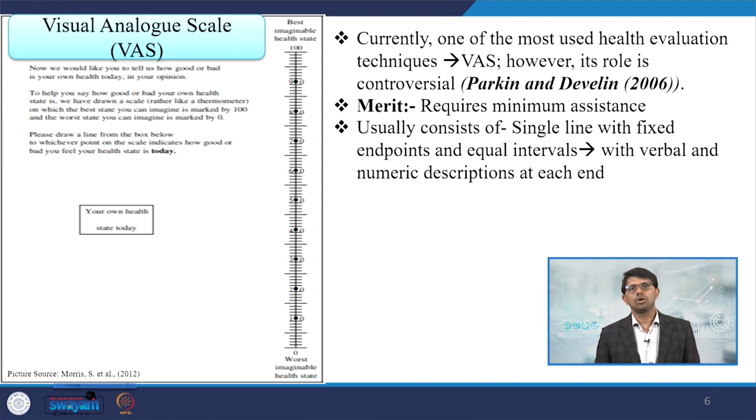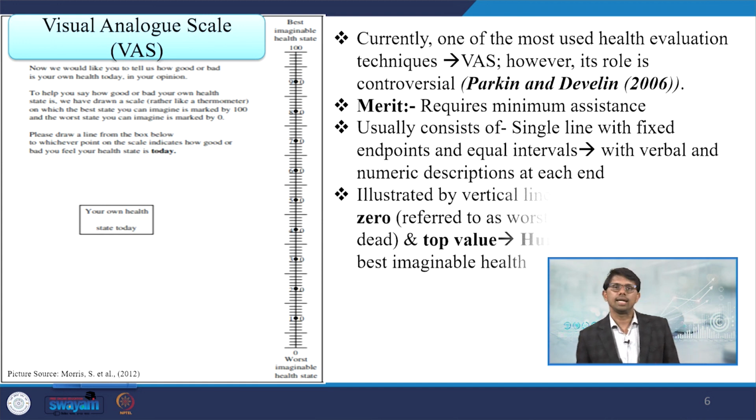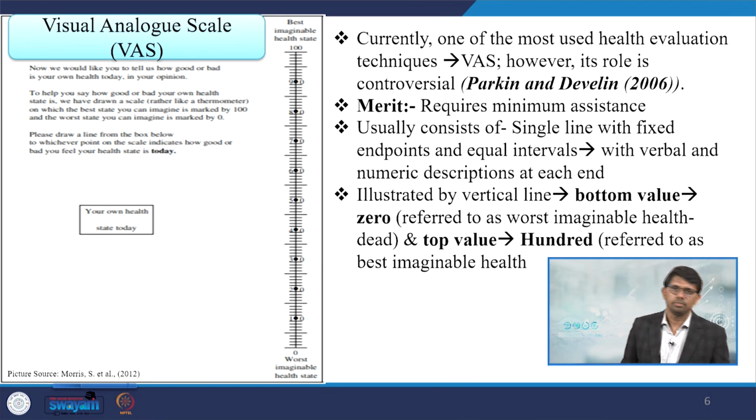Usually this consists of a single line with fixed endpoints and equal intervals, with verbal and numeric description at each end. This is illustrated by the vertical line, okay, and the bottom value indicates 0, whereas the top value indicates 100.